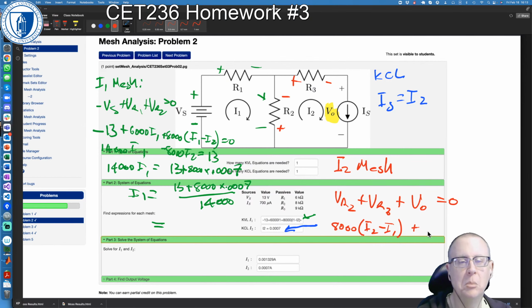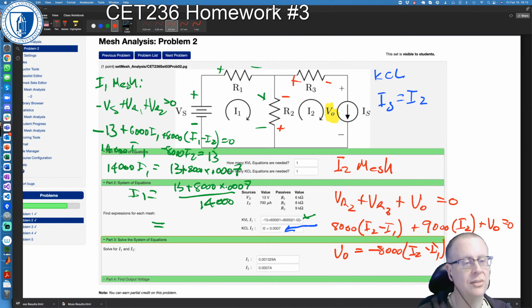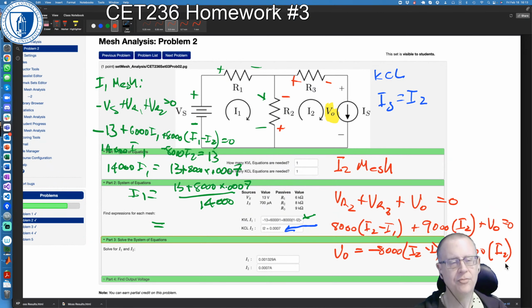VR3 is nothing more than 9,000 times I2, and plus Vout equals 0, so Vout equals minus 8,000 times I2 minus I1, minus 9,000 I2. And that will get you the answer for Vout.